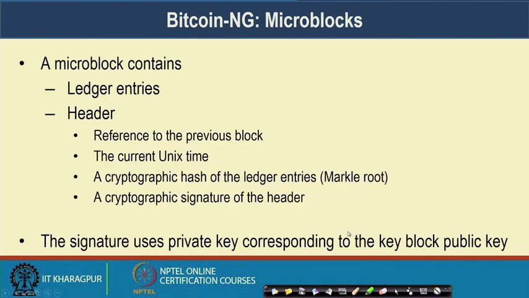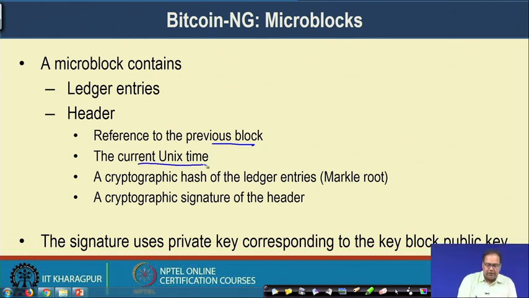Well, a microblock contains the ledger entries. A microblock has its own header. This header contains the reference to the previous block, previous microblock or key block, whichever is there, the current Unix time, the cryptographic hash of the ledger entries, that means the Merkle root, and a cryptographic signature of the header.